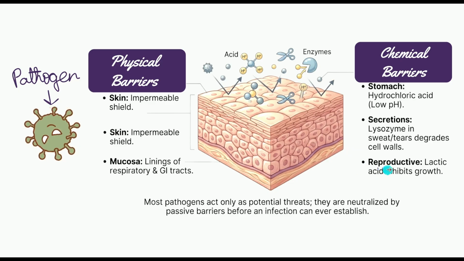In our reproductive pathways, like the vagina, a very low pH environment created by lactic acid restricts microbial growth. These mechanisms destroy or inhibit pathogens before they can establish infection. So they are grouped into physical and chemical barriers.